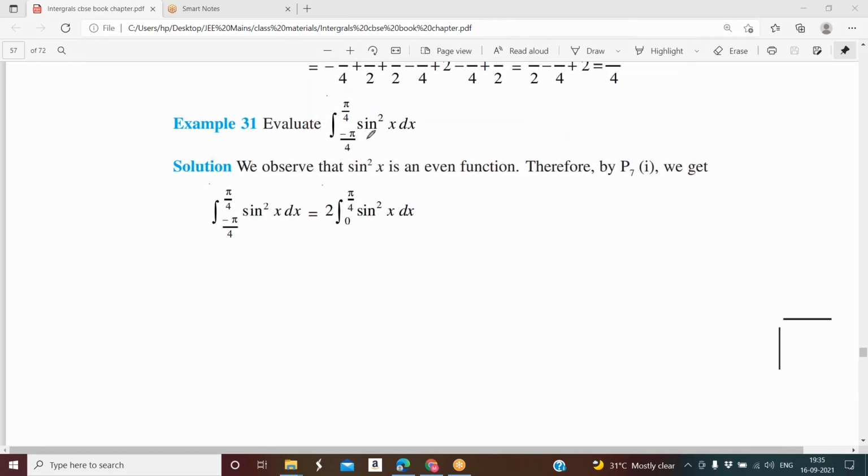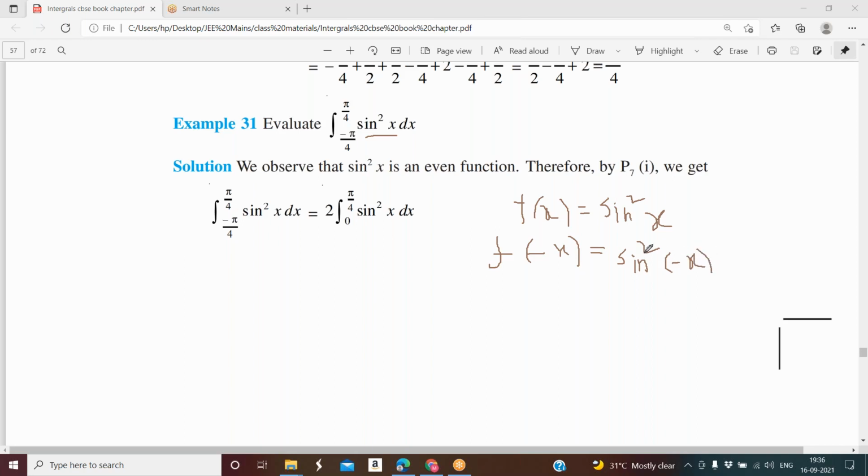So here my integrand is sine square x. Obviously, it is an even function of x because we have a square term here. Let us check. What is your f of x? Your f of x is sine square x. Now replace x by minus x. So sine square of minus x.